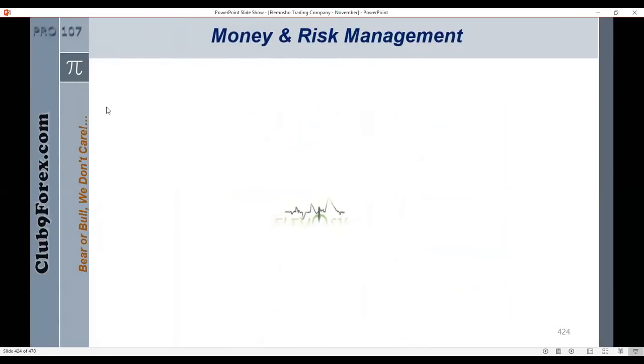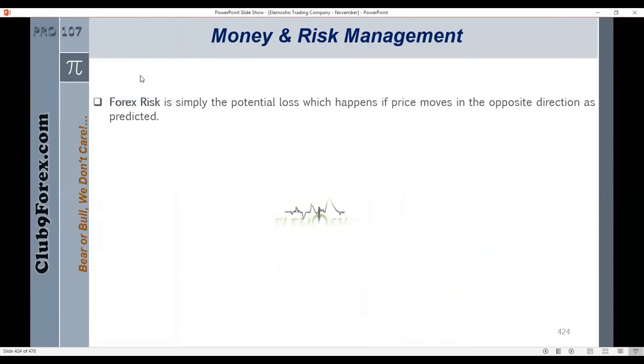Now, the money management and risk management lessons, which is one of the reasons why we are here right now. Forex risk, I'm just giving a definition of what Forex risk is. It's simply the potential loss which happens if price moves against us.